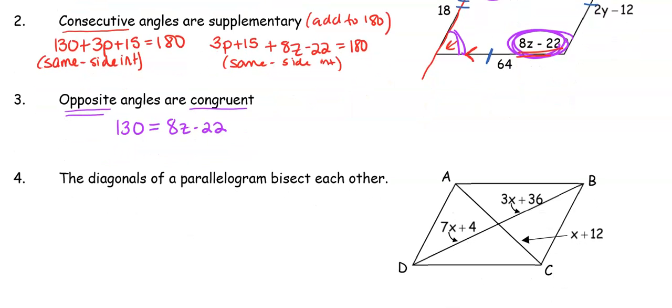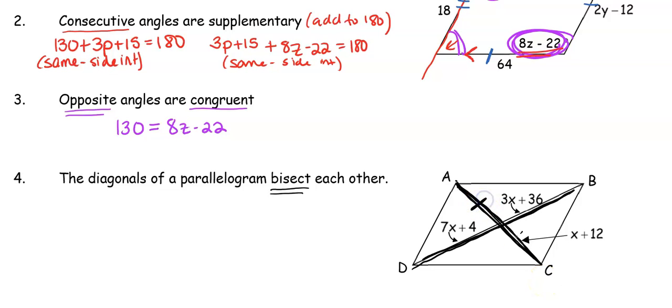The last property here is that the diagonals of the parallelogram bisect. Remember what bisect means? Bisect means it's going to cut into 2 equal pieces. So this is a diagonal, and this is a diagonal. The diagonals are connecting the vertices of the opposite sides of the parallelogram.